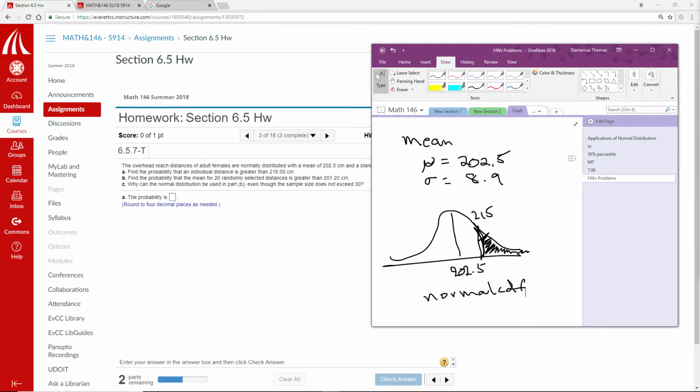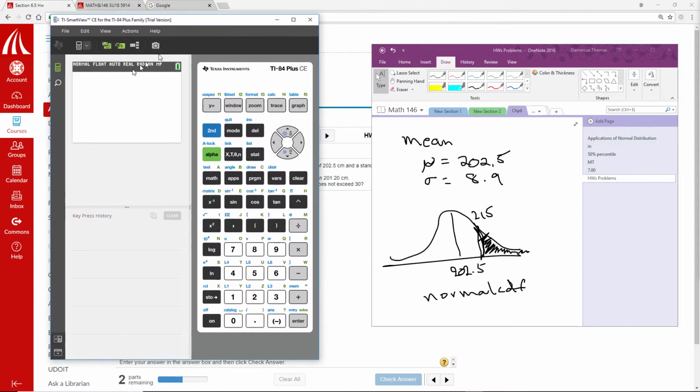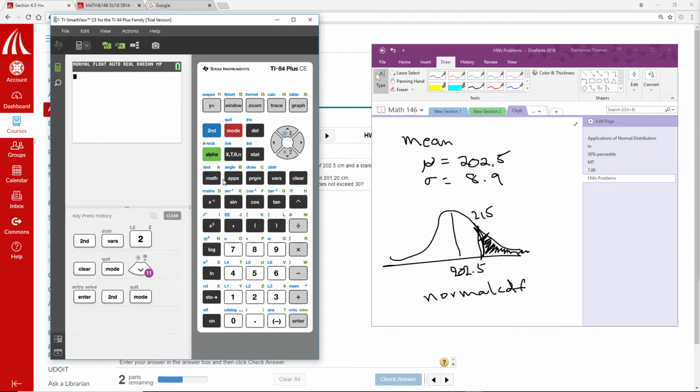Let's actually go through the steps on a calculator, and I'm going to go to second, distribute, number 2, and I'm going to put in normal. I'm going to put in my mode stat wizard. I'm going to turn stat wizard on so that you can actually see the parameters and what we're entering in.